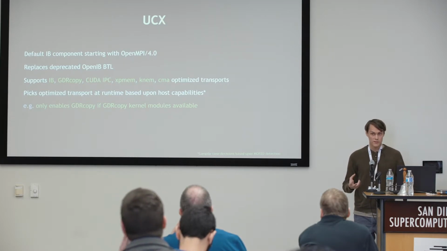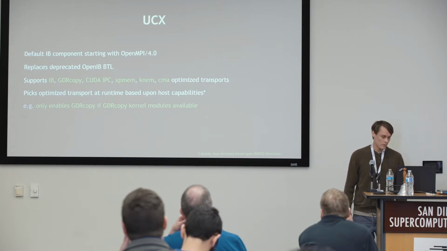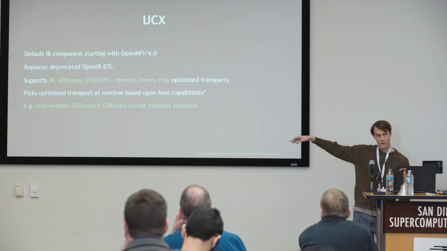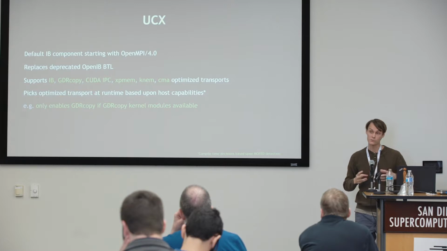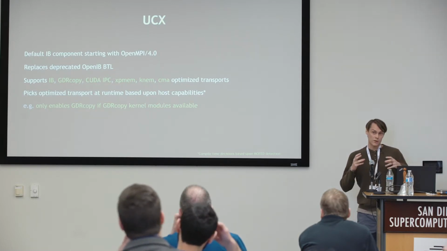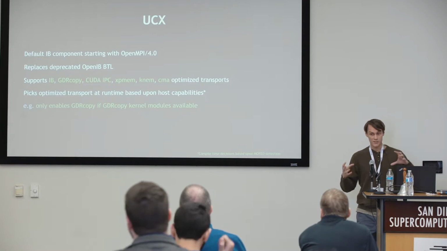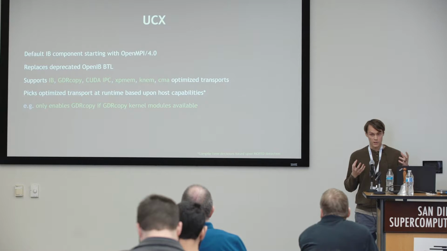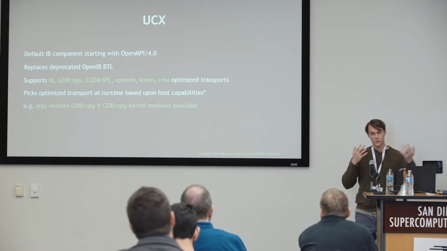Similar to OpenMPI itself, UCX has a component architecture. And so it supports InfiniBand, GDR copy, CUDA IPC, KNEM, XPMEM, CMA, and all these fancy ways of moving data around. And what it will do is query the host system at runtime. Again, this is very important and useful to us to pick a transport that's not only optimal, but one that's actually supported by the host.